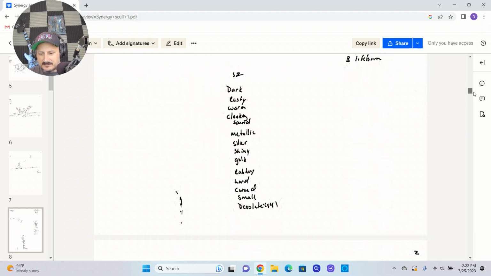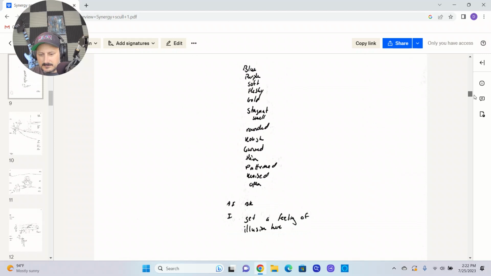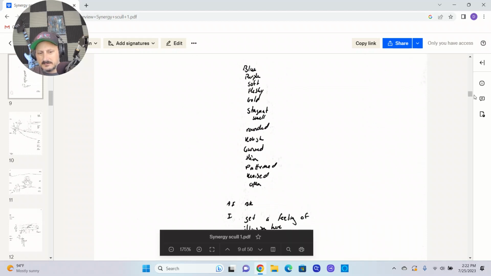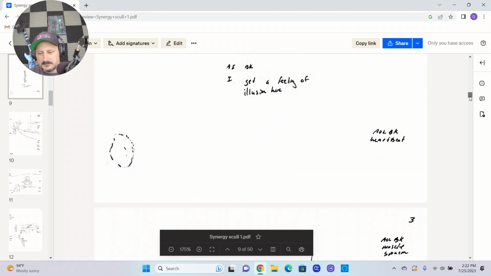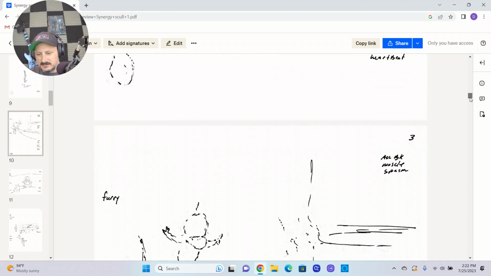It came back structure and life form. Feeling of illusion. And this rounded kind of object.